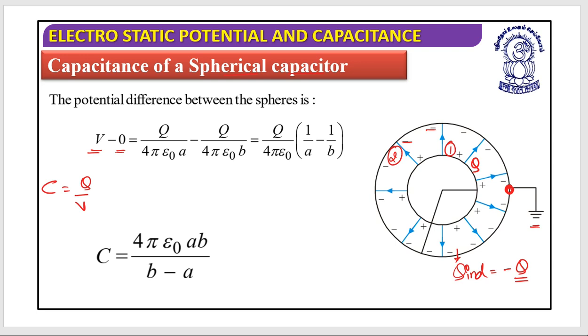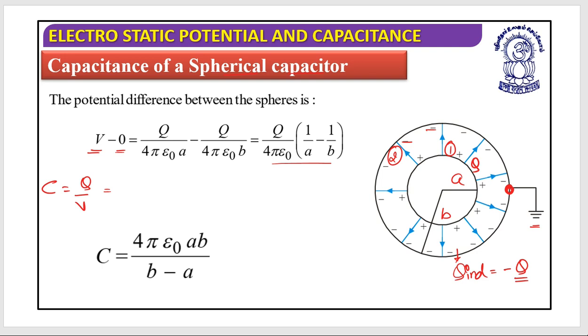So this V minus 0 should be equal to q divided by 4 pi epsilon naught a. Let's say this is a and this is b. Q divided by 4 pi epsilon naught a minus q by 4 pi epsilon naught b, and this will give me q by 4 pi epsilon naught as a common, multiplied by 1 by a minus 1 by b.